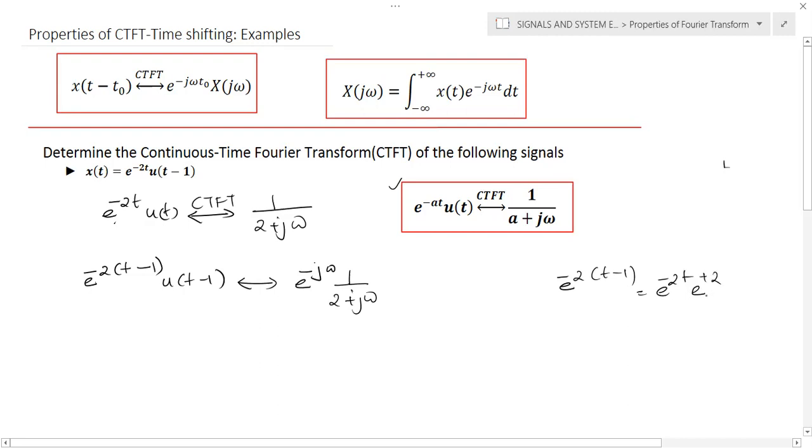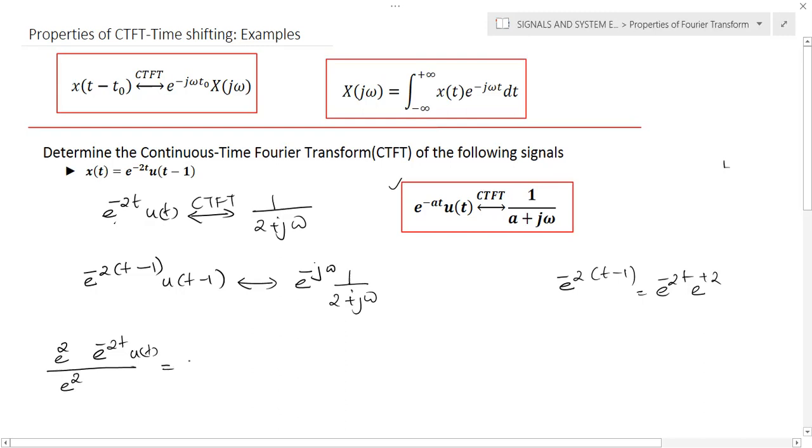So in the equation it's only e raised to minus 2t, so we need to cancel the extra term e raised to 2. We can multiply the equation with e raised to 2 in the numerator, and in order to cancel that, divide by e raised to 2.